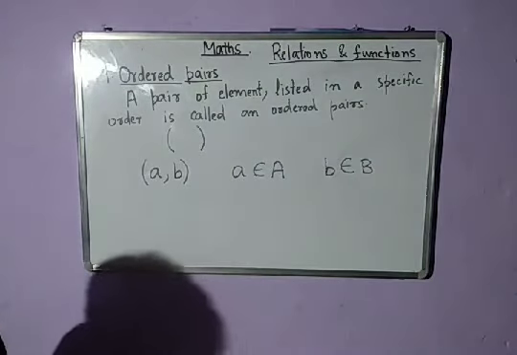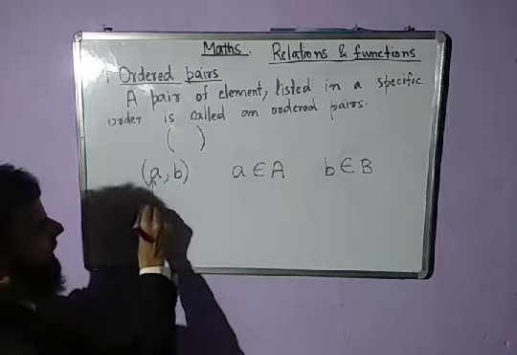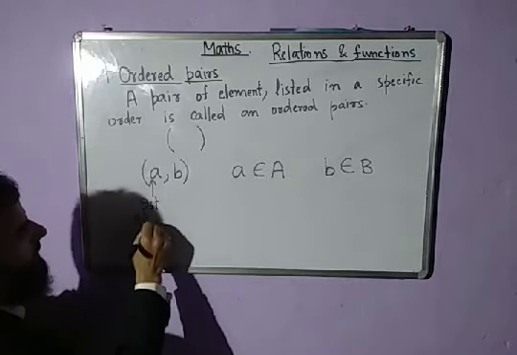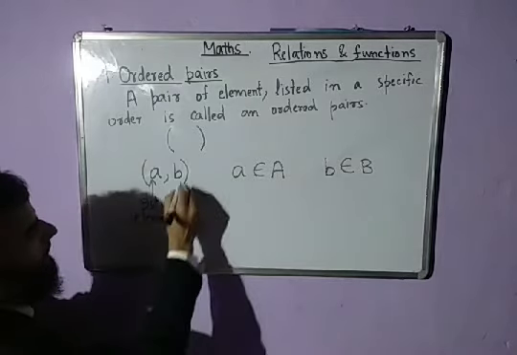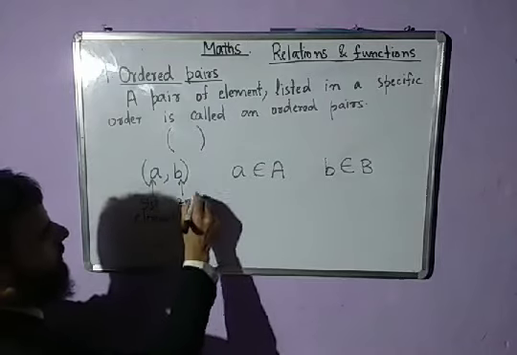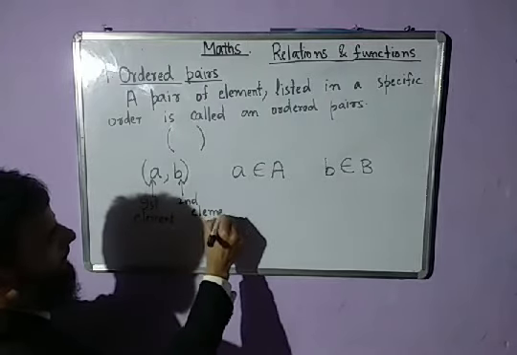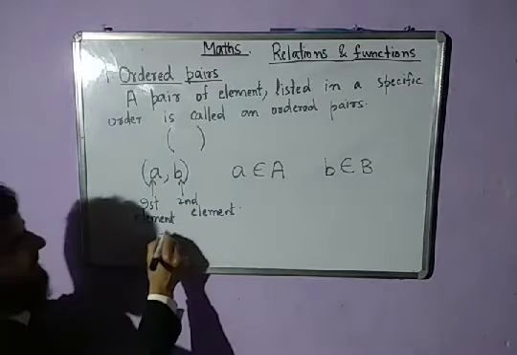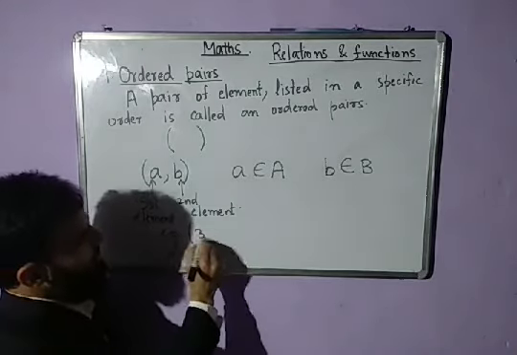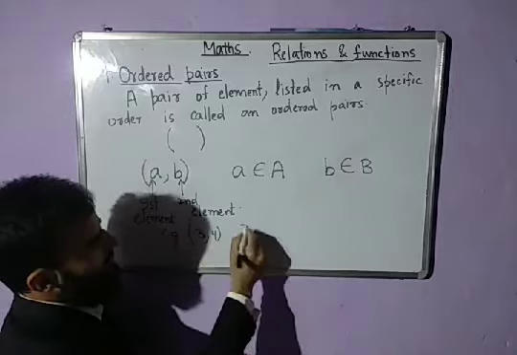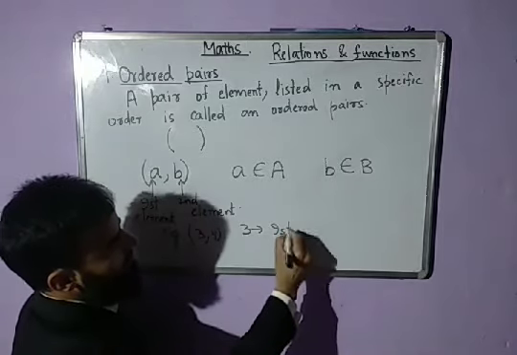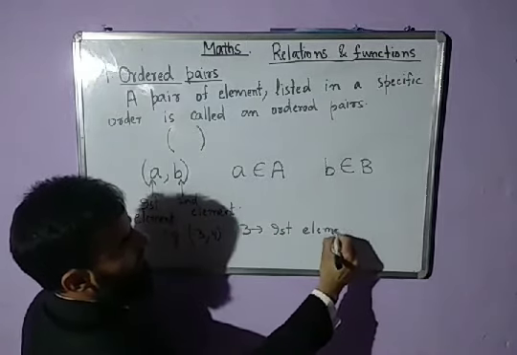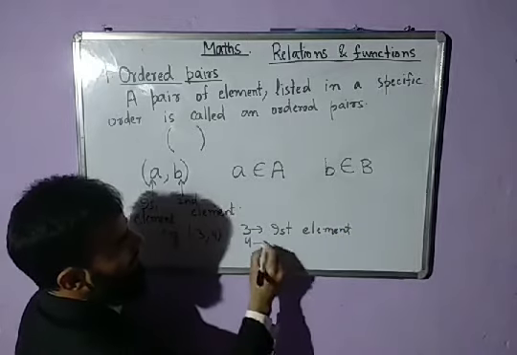This is the first element of the ordered pair, and this is the second element. For example, if we take (3, 4), here 3 is our first element and 4 is our second element.